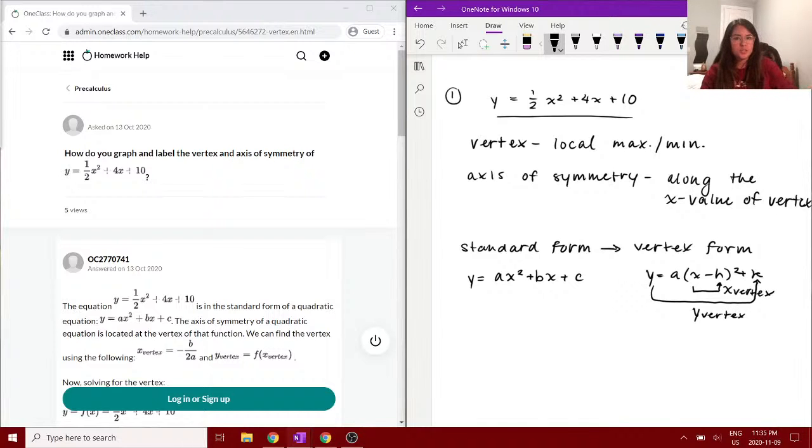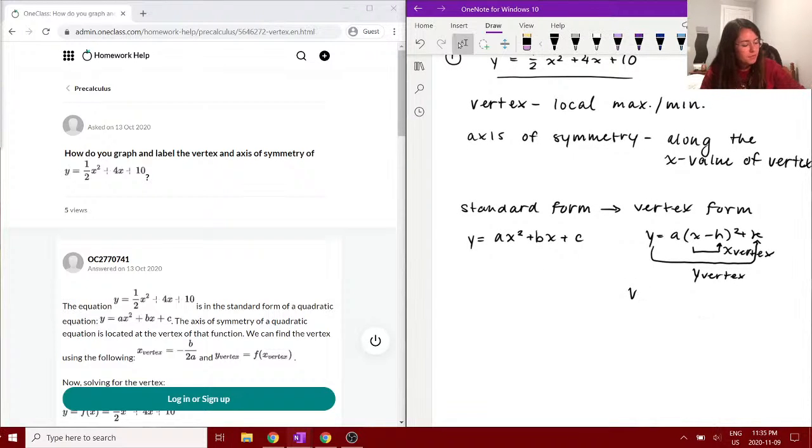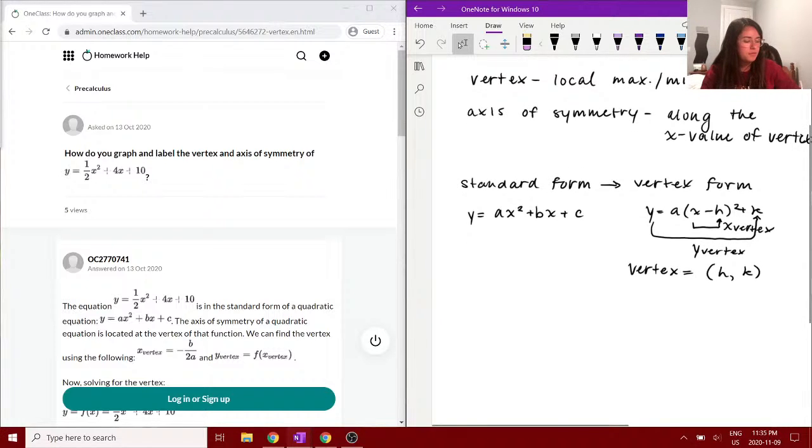And I'm just drawing the arrows there as a reminder cue to know which one is the x value of the vertex and which one is the y value. That's how I remember, at least. And the vertex has the point (h, k).